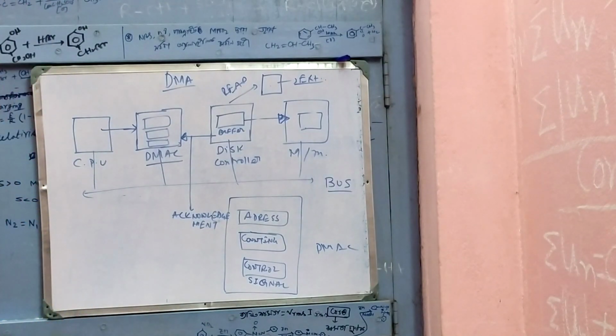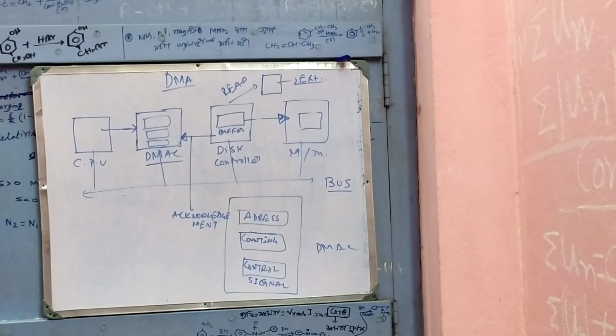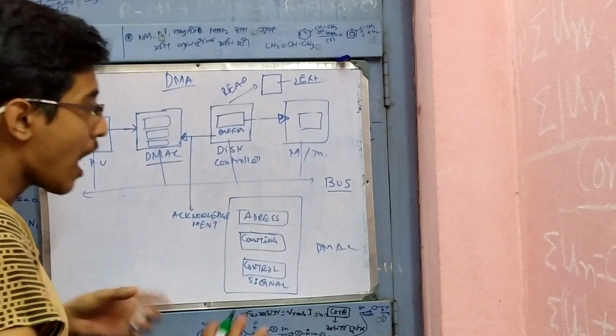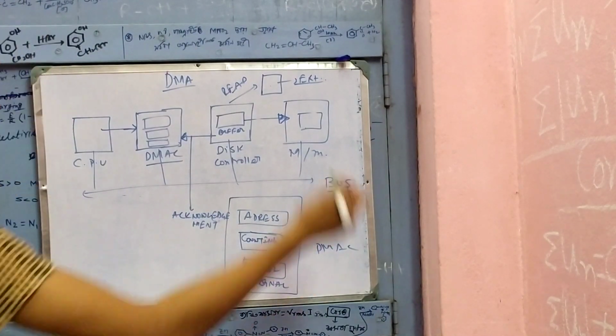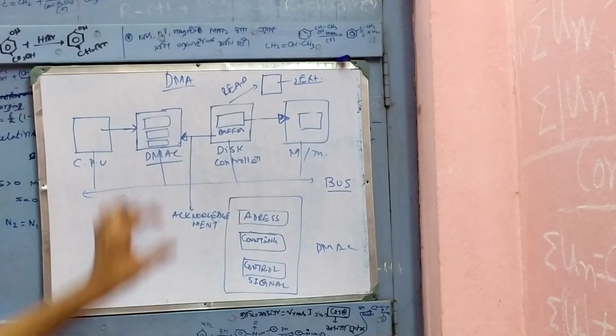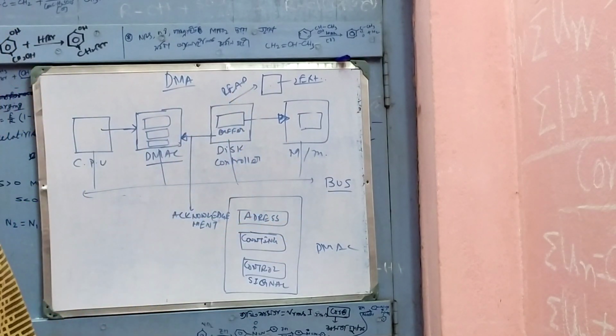So the DMAC must know how the process is going. Suppose there is 4 GB of data, and the first time the buffer only throws 2 GB of data. So we have 2 GB more data, and we have to process the thing again.